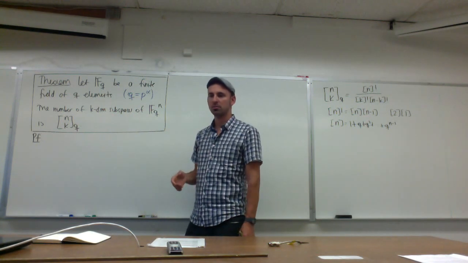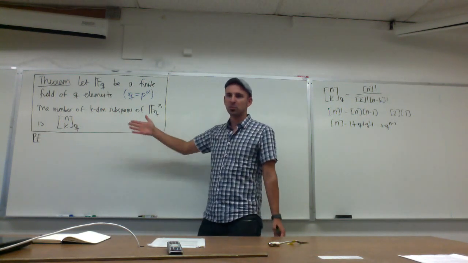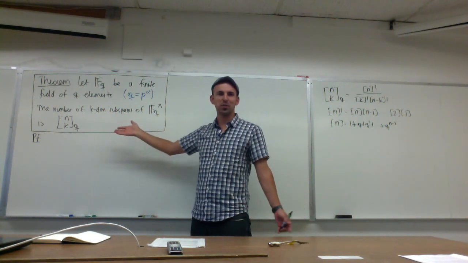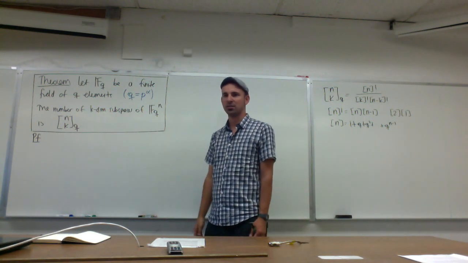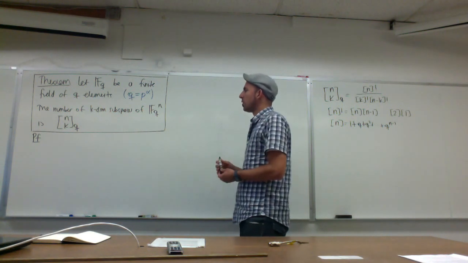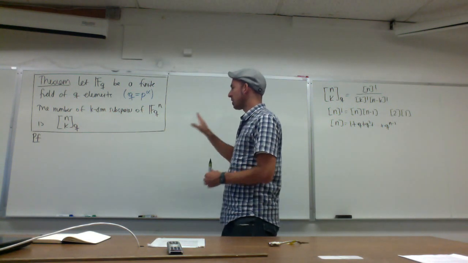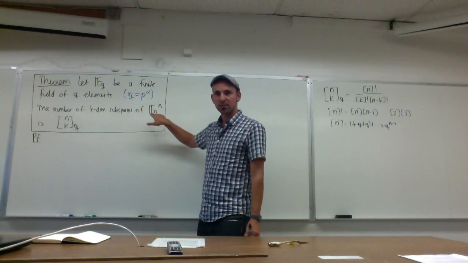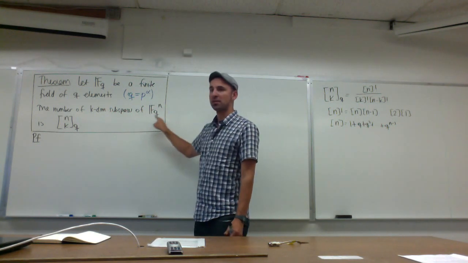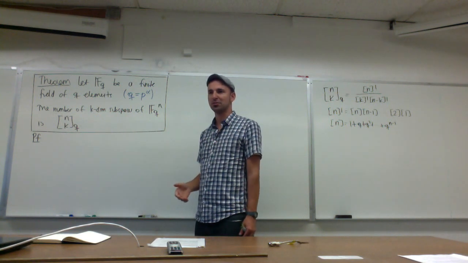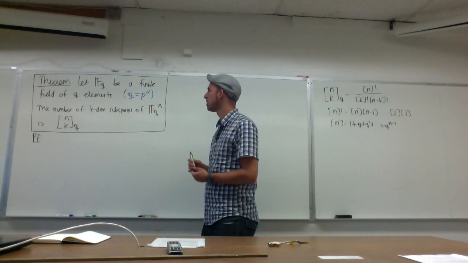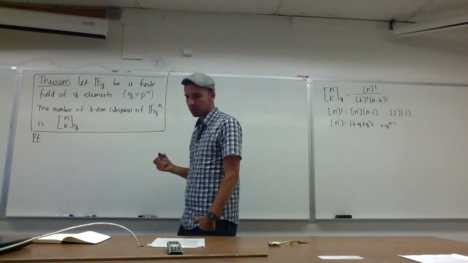For example, this means we're counting the lines in F_q to the 7, or the planes in F_q to the 10, etc. And again, it's very important to remember that this is a finite field, and so this vector space is finite. It only has q to the n elements, which is why it makes sense to count things. There's a finite number of lines, etc.